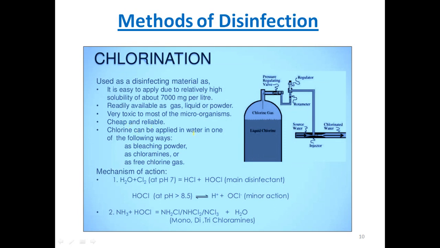Chlorine can be applied in water in one of the following ways: as bleaching powder, as chloramines, or as free chlorine gas. Mechanism of action: water reacts with chlorine and we get hypochlorite ions and hypochlorous acid.